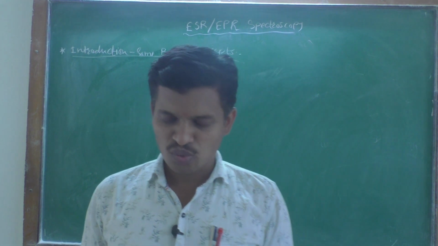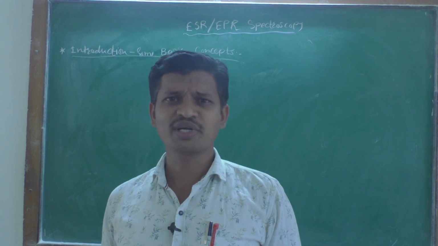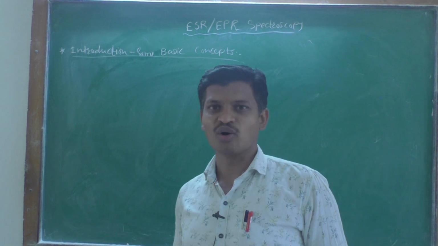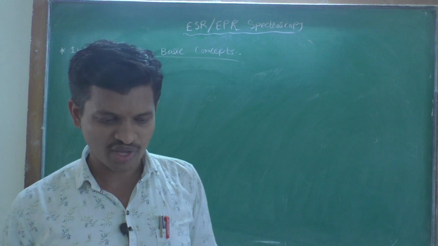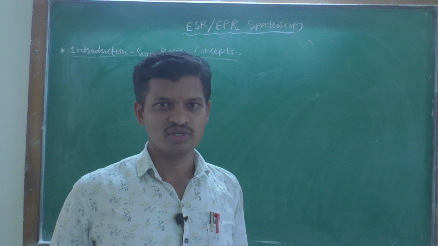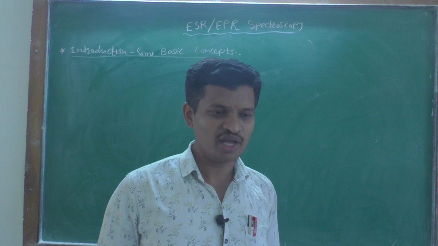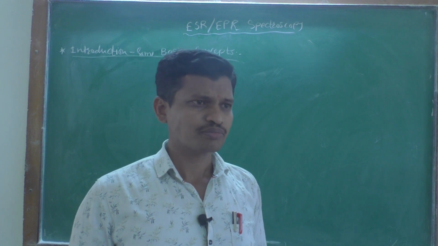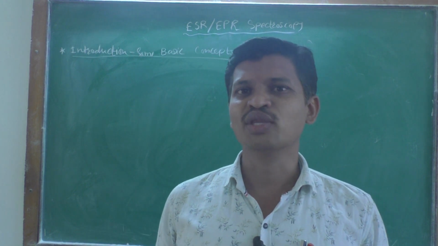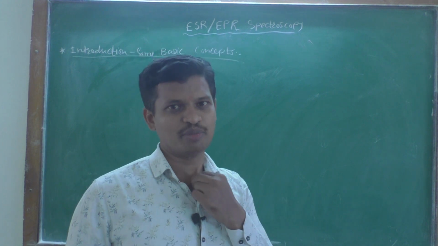Okay, so in this lecture we are going to study some introductory part or basic concepts regarding this ESR or EPR spectroscopy. Okay, and in the next few videos related to ESR or EPR, we will discuss in detail this new emerging branch of spectroscopy, that is ESR or EPR spectroscopy.